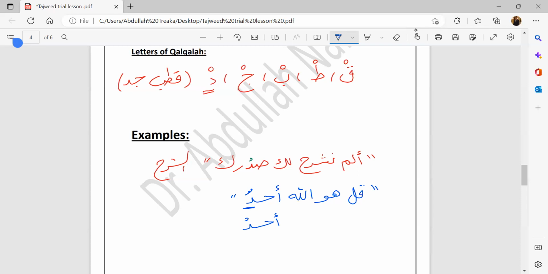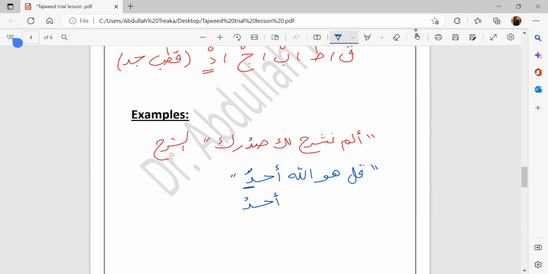So we say قل هو الله أحد. Don't say it with a vowel; your tongue goes up. قل هو الله أحد. الله الصمد لم يلد ولم يولد ولم يكن له كفوا أحد.